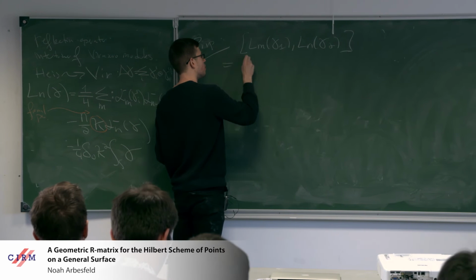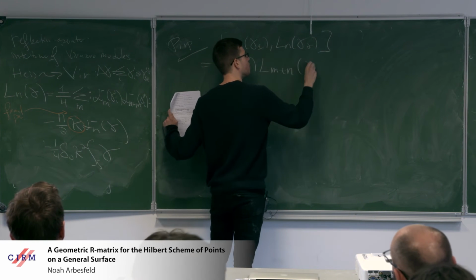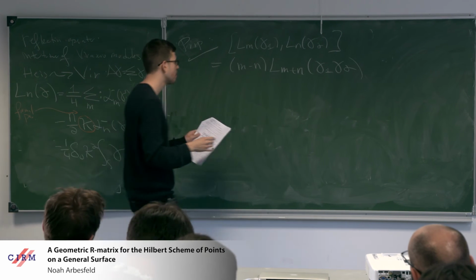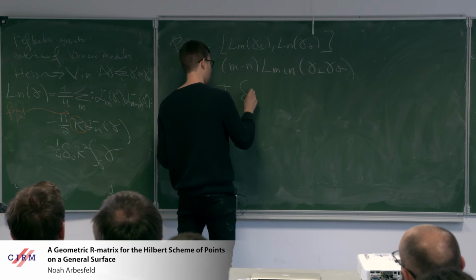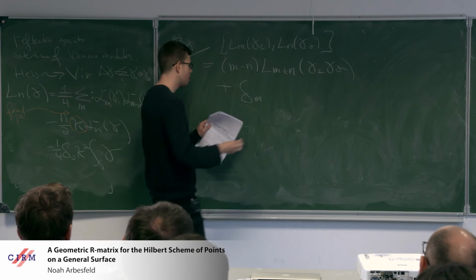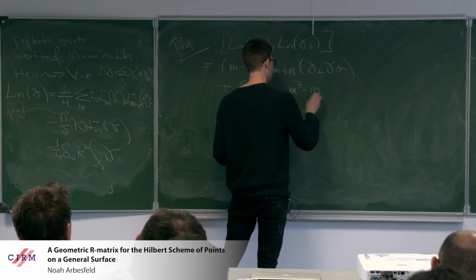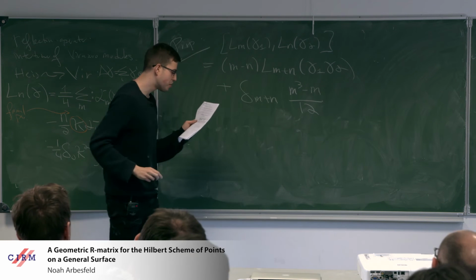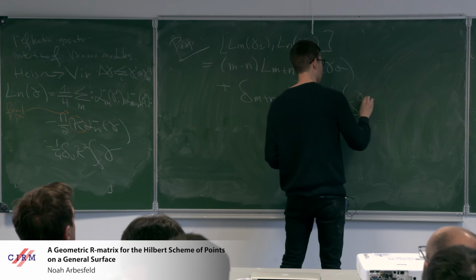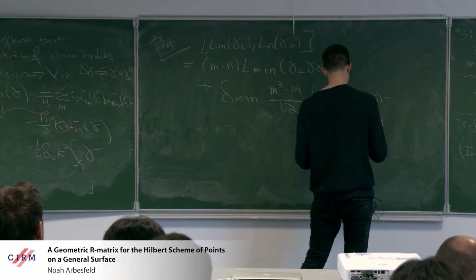So if I commute two of these past each other, I get this usual first Virasoro term, only I need to multiply the cohomology labels. And then if m plus n is not 0, then I'm done. But otherwise, I need to multiply by this usual factor, and then there's some expression coming from cohomology of the surface.